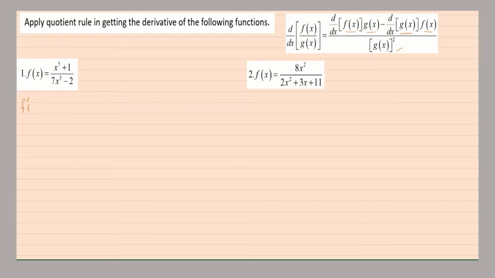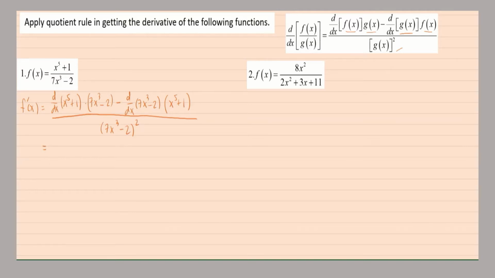We have f prime of x, this is equal to, using the quotient rule, we first need to write the derivative of the numerator, x raised to 5 plus 1, and then we multiply this with 7x cubed minus 2, our denominator, minus the derivative of the denominator, 7x cubed minus 2, times the numerator, which is x raised to 5 plus 1. And then all over the denominator, 7x cubed minus 2, raised to 2.